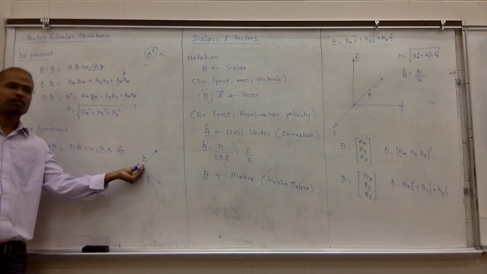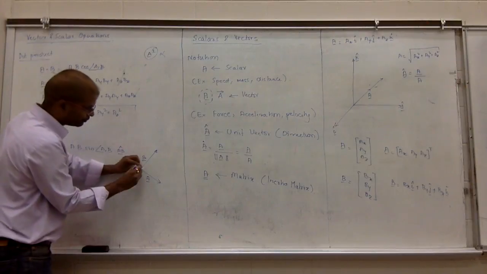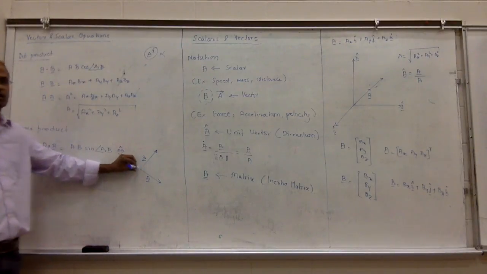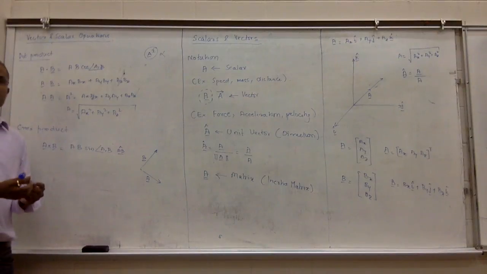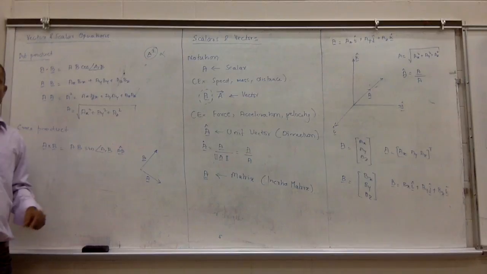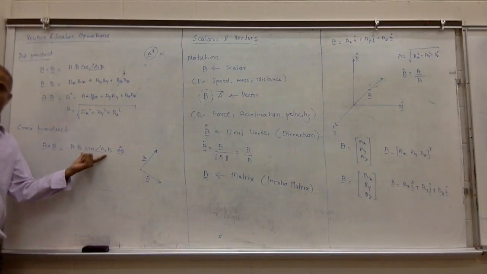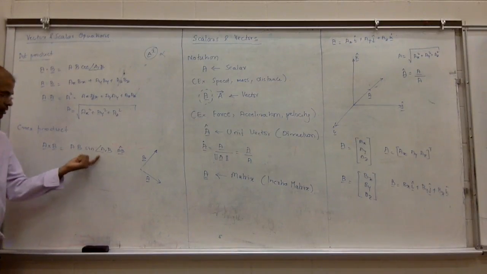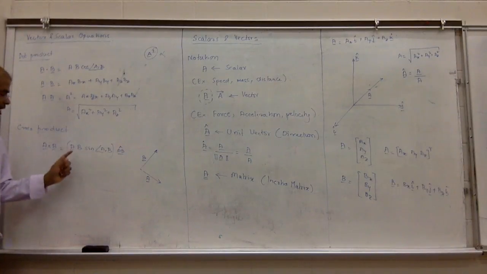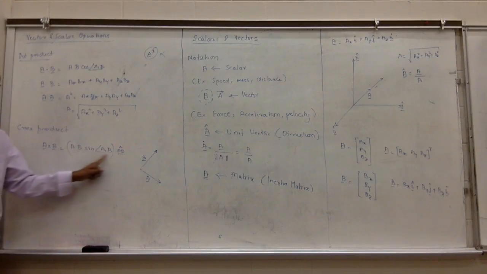Do you see this as perpendicular to both A and B? This angle is 90 degrees. So this cross product vector is always a vector perpendicular to those two vectors. And the magnitude of this vector is given by magnitude of A, magnitude of B into sine of this.